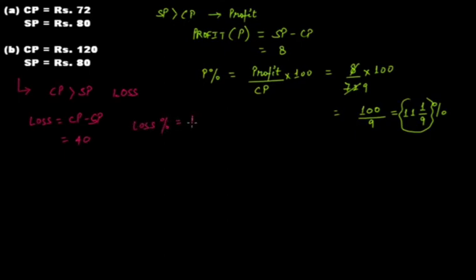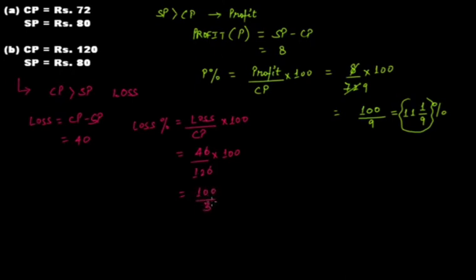Loss percentage is what? Loss over cost price times 100. And this is what? 40 over how much? 120 times 100. So, this is 100 over 3.